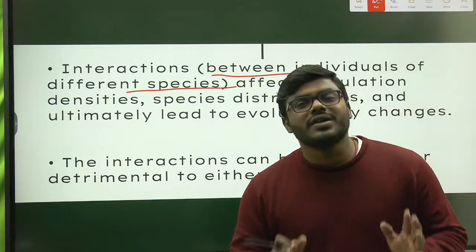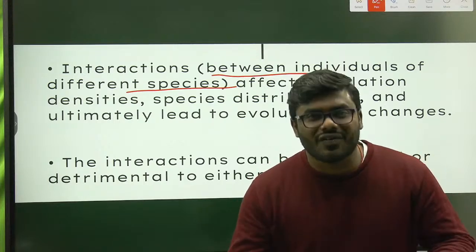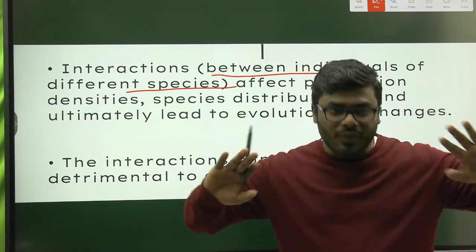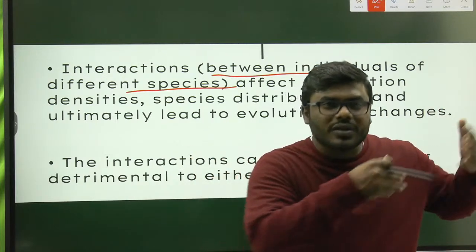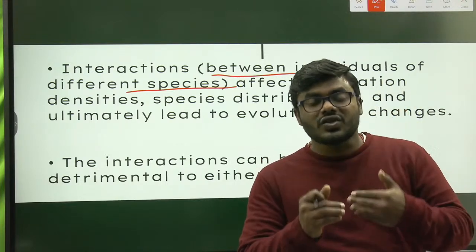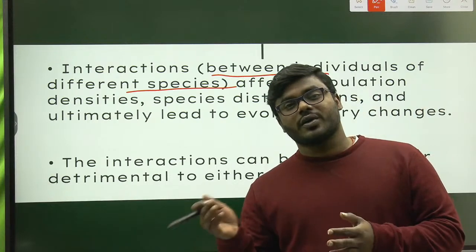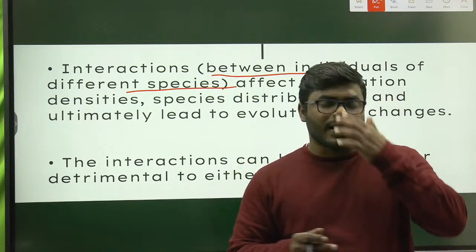See, 99.99% of the time competition occurs in such a way that only one is going to get benefited and the other one is going to get harmed. Originally it has to happen, but depending on the type of organisms involved, sometimes we can't predict which organism is going to get harmed and which is going to get benefited. It depends on the type of species that are competing.